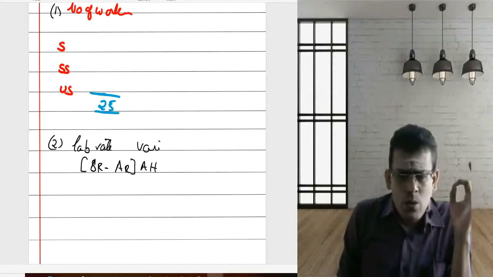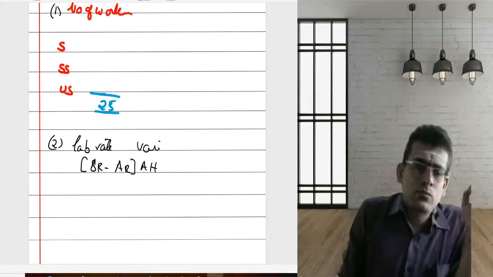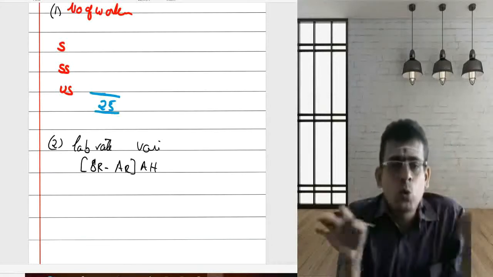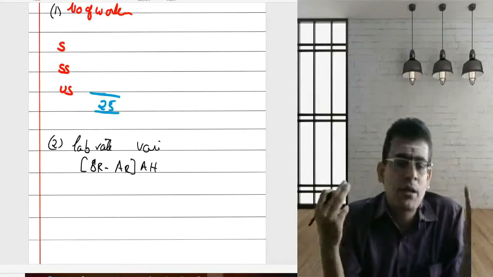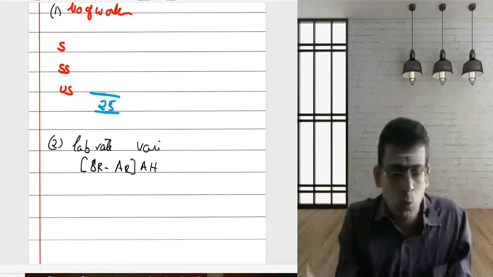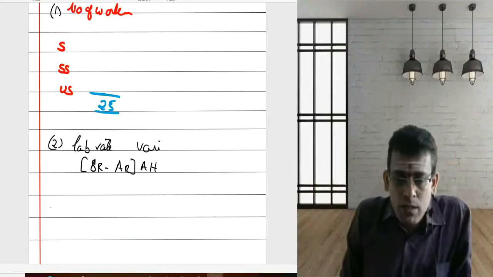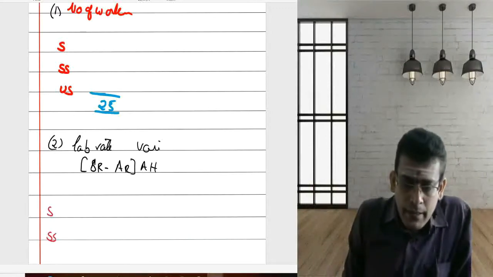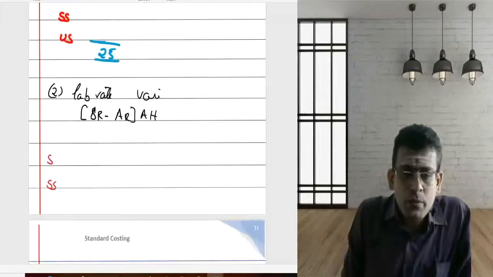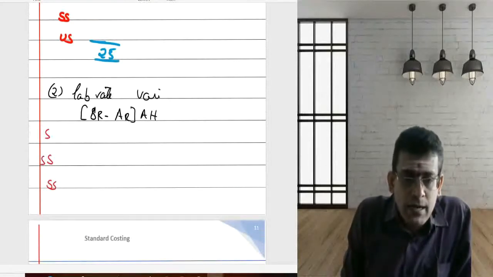Now, there are three different categories of workers. At present, I don't know what information I have and what I don't have. Now, let us try to put everything in a small table: skilled, semi-skilled, and the last one is going to be unskilled.